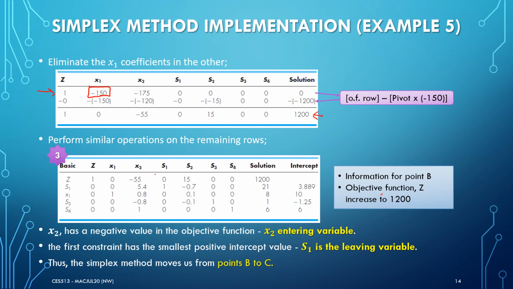So the process is: the objective function row minus the pivot row multiplied by negative 150. Similar operations can be performed on the remaining rows to give the new tableau, which is the third tableau. So the new tableau summarizes all the information for point B.